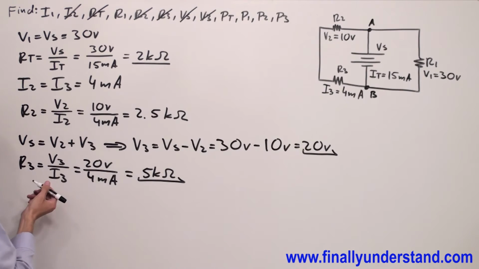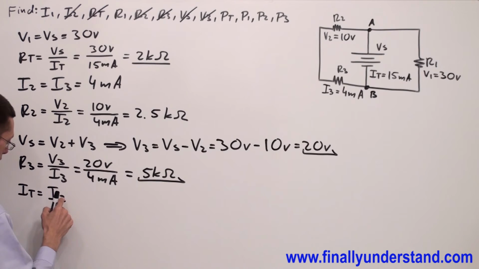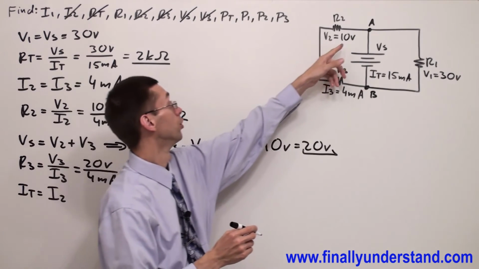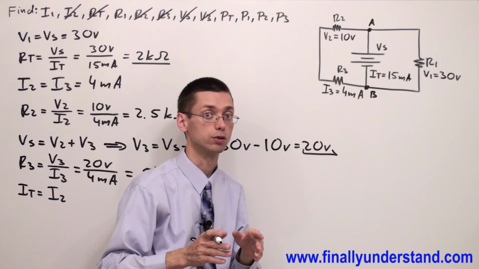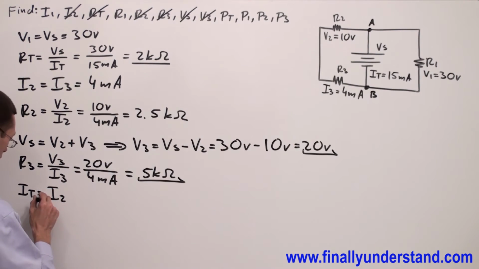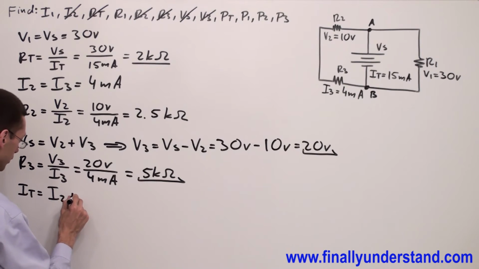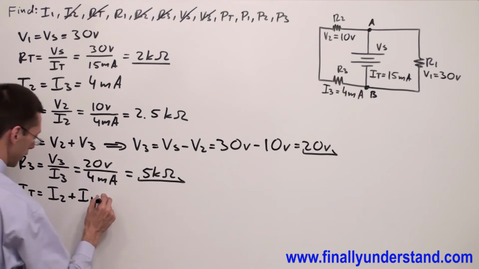Just keep in mind that instead of saying I23 or I3, we can just write I2, because this current will go through these two resistors. No matter how you call it, I2, I3 or I23 is the same thing. So I total is equal to I2 plus I1. In order to find I1, I have to solve this formula for I1.